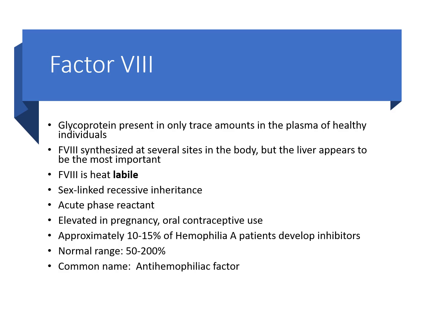So when you see a range, we're talking about the activity that that factor is able to produce. And another common name that you may hear factor VIII called is anti-hemophiliac factor.